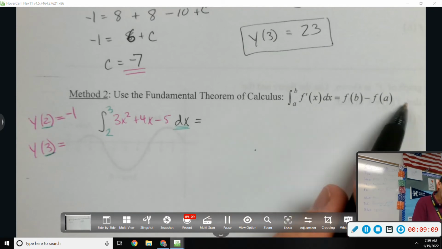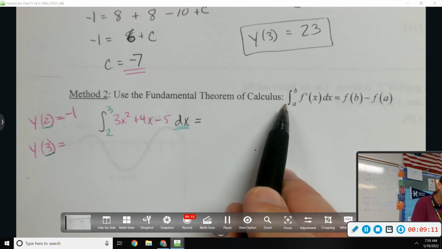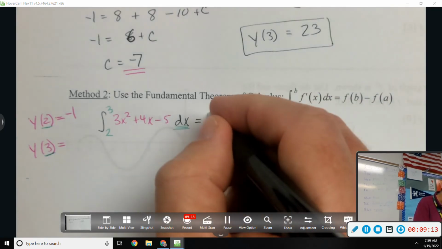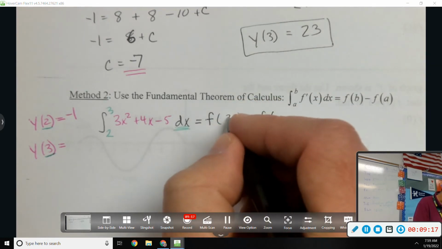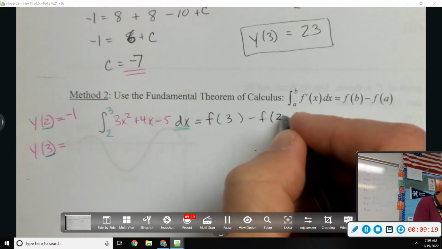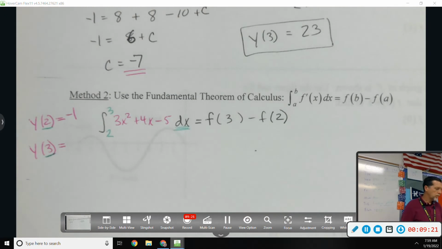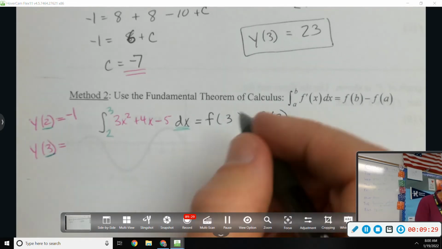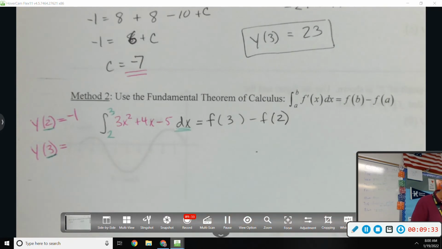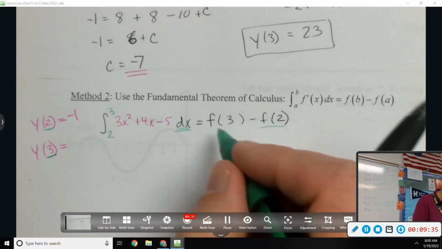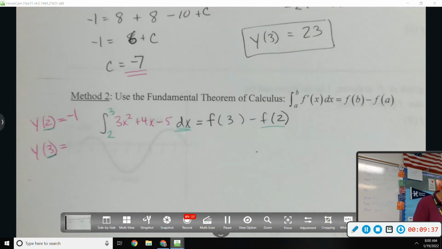And so thinking back to the antiderivative of the derivative gets us back to just the function at the top minus the function at the bottom. Well, which one of these things do we know? We know f of 2, we're looking for f of 3.